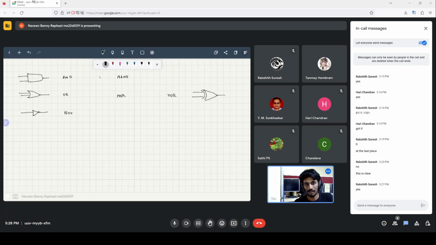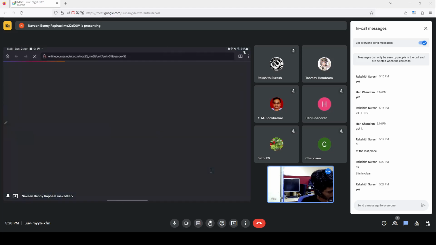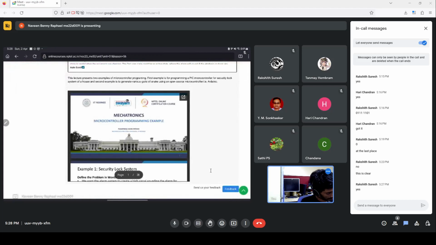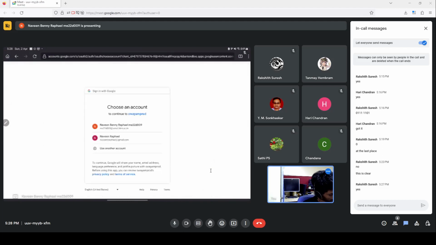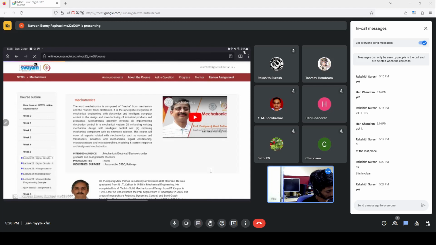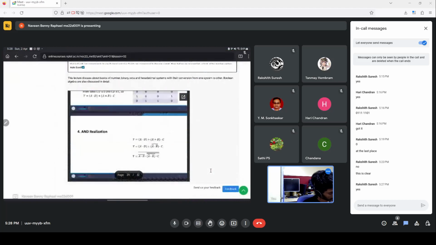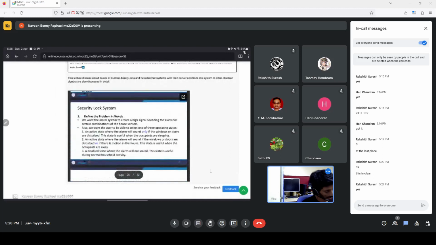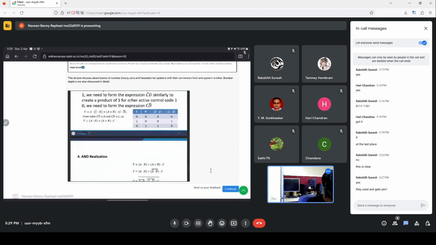So in Sir's class, the steps for solving these used a lot of AND gates.